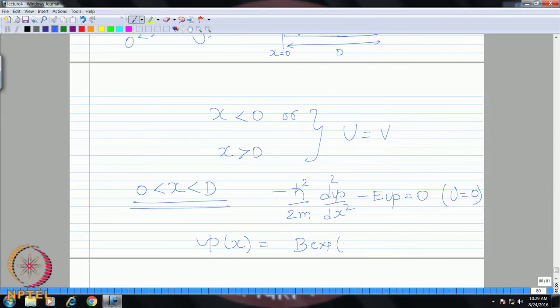So, we will write it as minus ikx plus c exponential, left running wave, ikx. Okay.